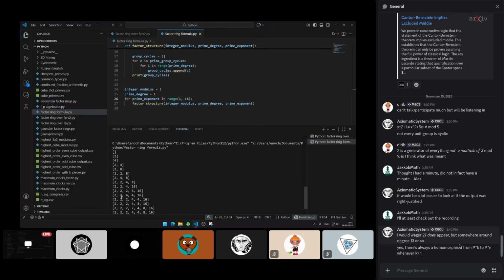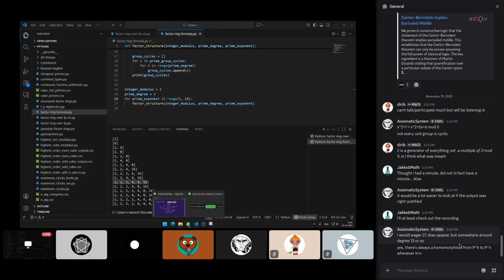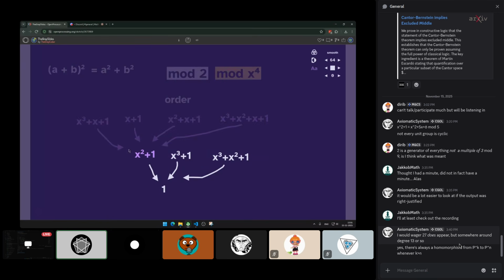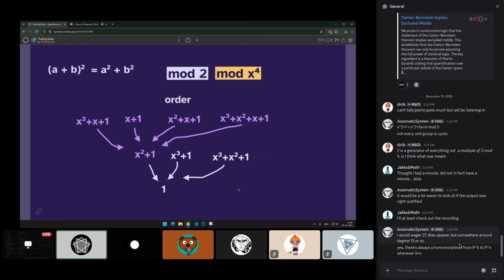Cycles. Elements that have order at most 2 will either be the start of the cycle or halfway around the cycle, in this cycle, at the start or halfway in this cycle, at the start or halfway in this cycle. And so it's going to be 2 to the power of the number of cycles. And so since we have 4 of these, we must have 2 cycles.